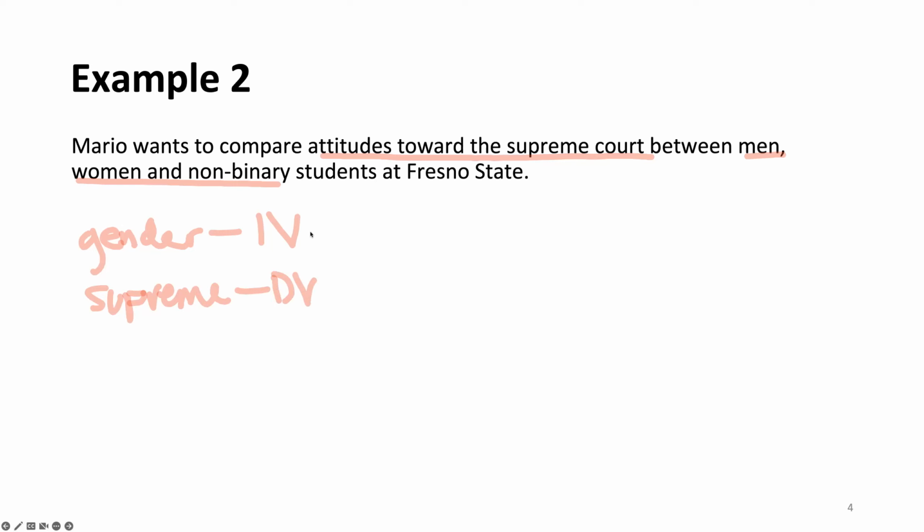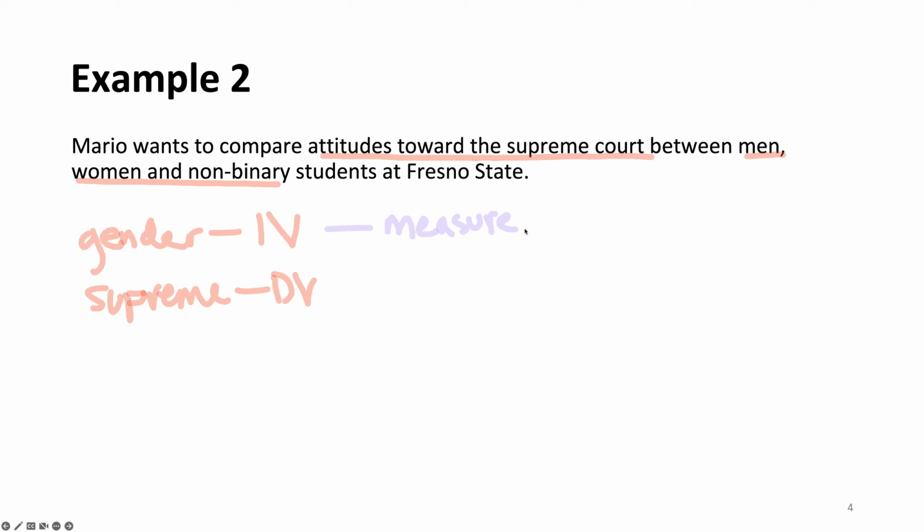Now, the independent variable, are we manipulating it? Think about that. No, we're just measuring it, right? We're not doing anything to manipulate gender, and we can't manipulate gender. We can't assign somebody to be in the man group or the woman group or the non-binary group. It's a pre-existing characteristic of our participants.